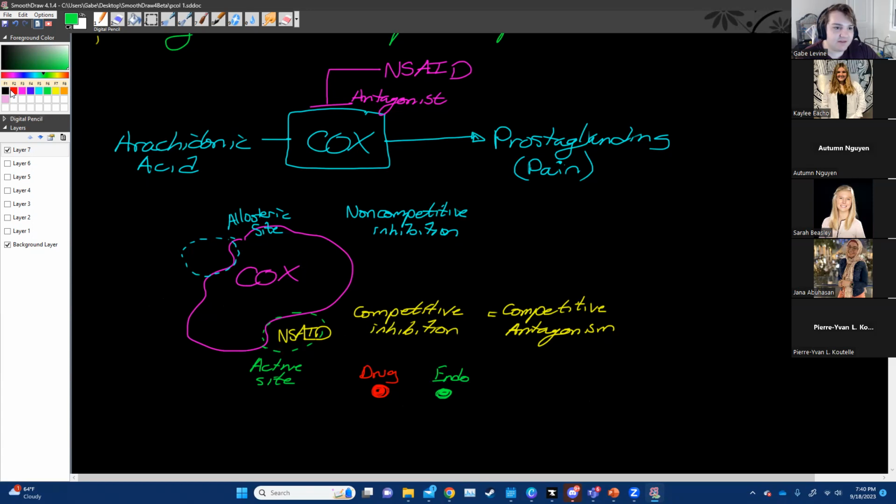If the drug is suddenly in the receptor, what's stopping a molecule of arachidonic acid from coming in and kicking it out? Nothing, right? By virtue of having two substances competing for the same location, competitive inhibition is reversible.